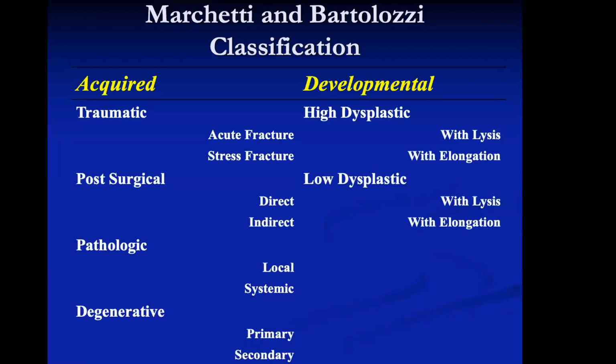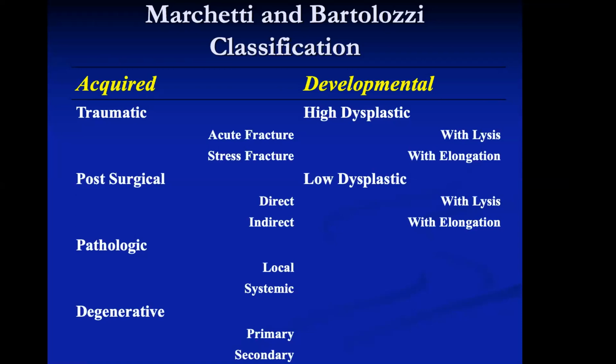The acquired type would be, again, degenerative, which is the most common. Second is pathologic. So if there is any pathology, for example a tumor or a metastasis affecting the pedicles or the facets, because of which there is a slip of one vertebra on the other, then post-surgical would be iatrogenic.